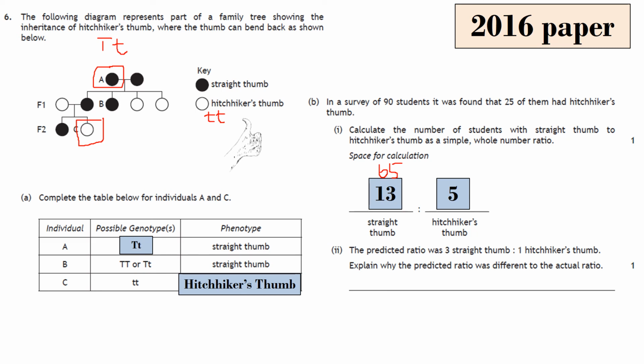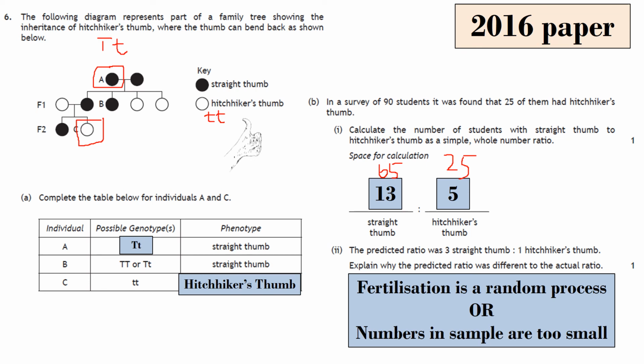So it is 65 to 25, and then to simplify that, you divide both sides.